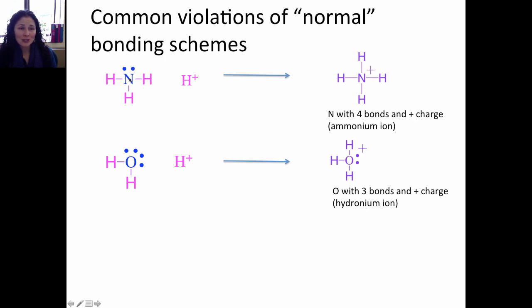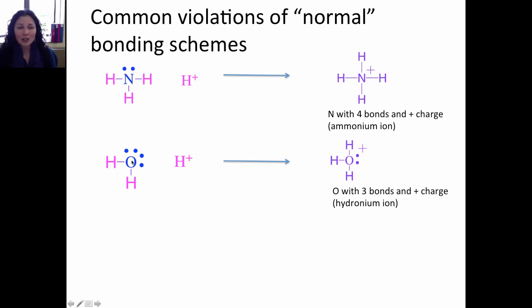Basically, this nitrogen is really friendly and it shares its electron pair with the hydrogen so that now the hydrogen also has a full octet, or a full duet in this case. This bond here used to be a lone pair, and now it's sharing its electrons with the hydrogen. That gives nitrogen a positive charge, and the whole ion in general has a positive charge.